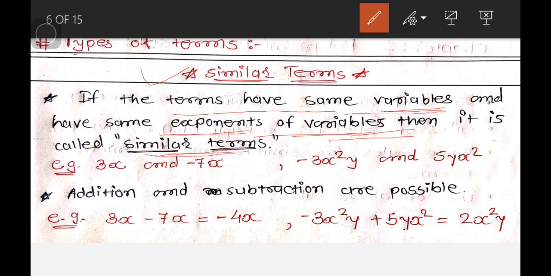If some terms are given and they have the same variable and the same exponent of the variable, then we can say that the given terms are similar terms.